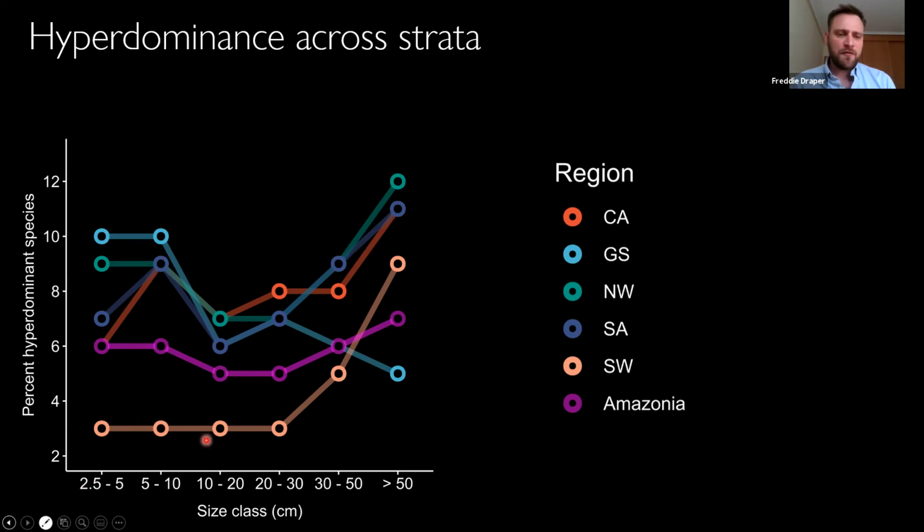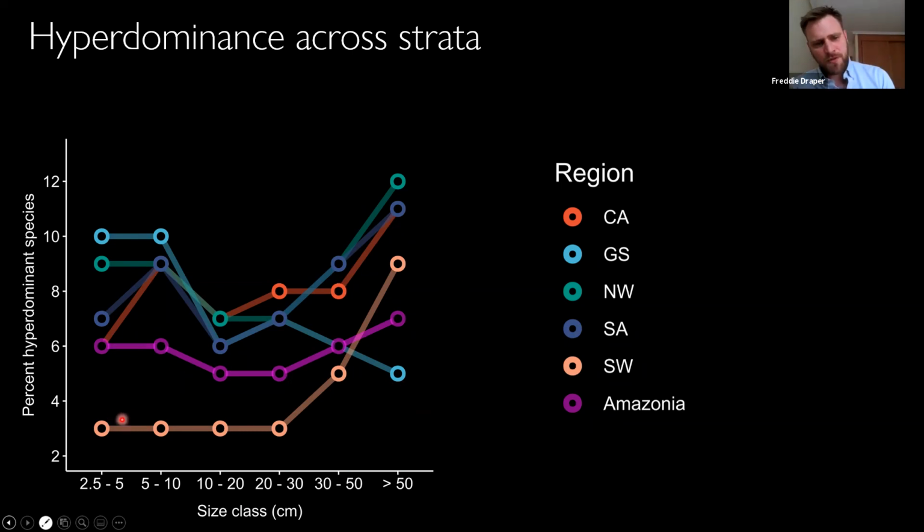But within different regions, we see the Southwest has a high level of dominance, whereas the Guiana Shield has much less, particularly in small size classes, but that increases if you look at larger size trees. In general, you see less dominance in these large canopy and emergent strata.